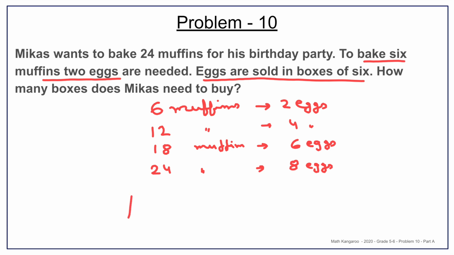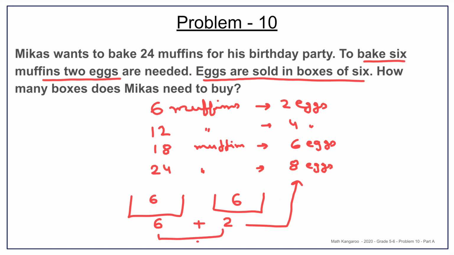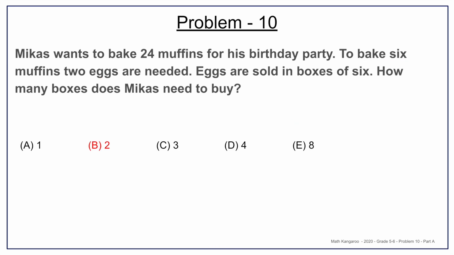So this is one box of eggs with 6 eggs in it, and there is another box with 6 eggs. So Mika will use 6 eggs from here and 2 eggs from here to make it 8 eggs. So Mika needs 2 boxes of eggs. So our answer is option B, 2.